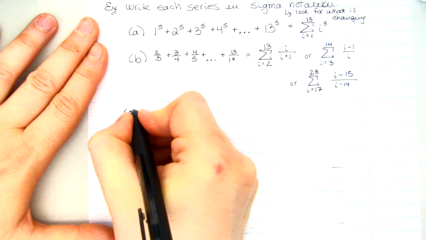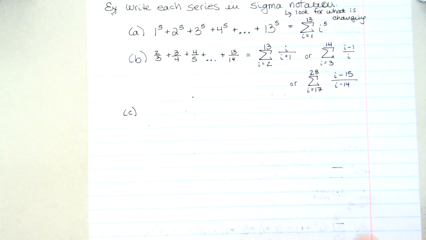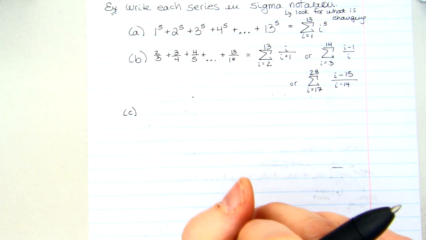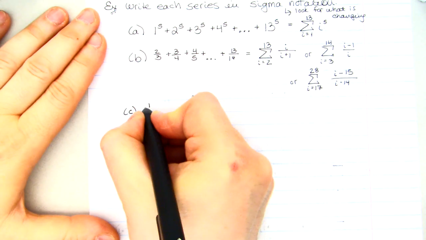Okay, let me give you one more about as tough as they can get. And formulas like what I'm about to show you are used quite a bit in calculus when we try to find the area under a curve.